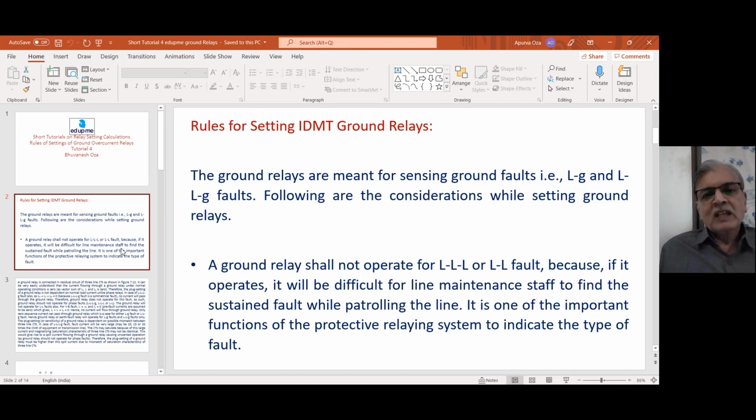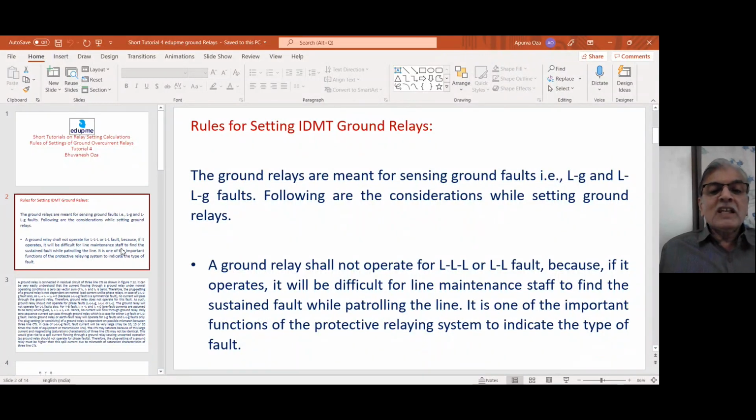So now the ground relays. What are the considerations for setting ground relays? The very first consideration is the ground relay shall not operate for triple line or double line fault.